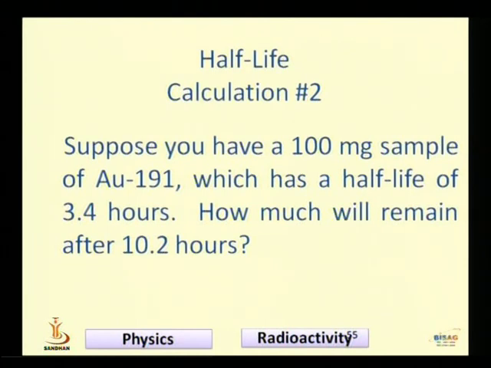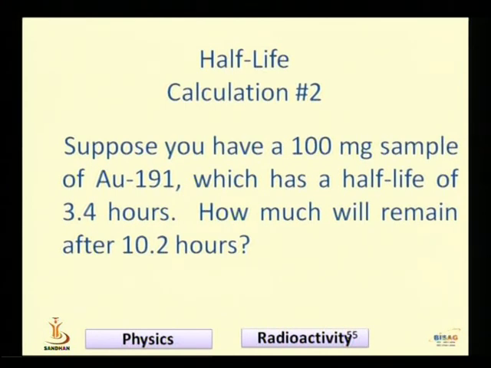Similarly, for the second calculation, suppose you have a 100 milligram sample of Au gold, 191 is the atomic number, which has a half-life of 3.4 hours. It means after 3.4 hours, half of the Au will convert into another new atom. So what should be the atoms after 10.2 hours? Friends, suppose initially it's a 100 milligram sample.